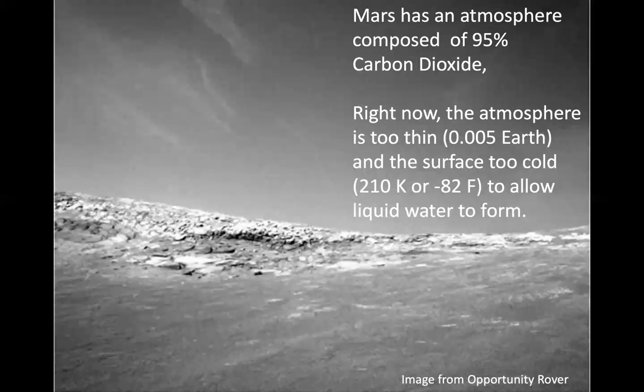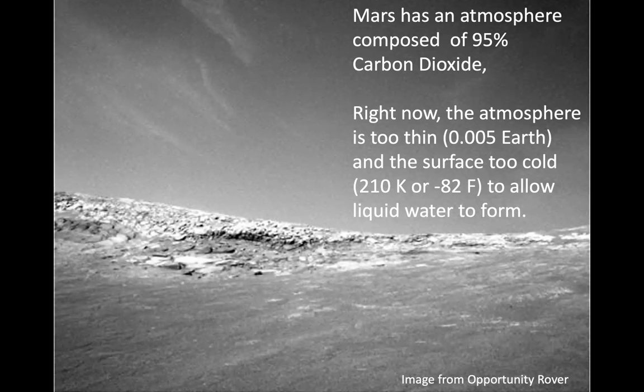Okay, so that's some interesting points about Mars's geology. We also should talk about Mars' environment, which is quite different from Earth today. Its atmosphere is almost entirely carbon dioxide, and it's less than 1% the atmosphere of Earth.